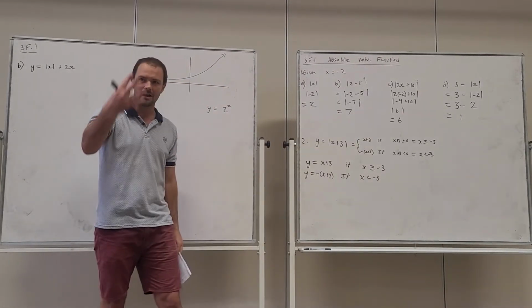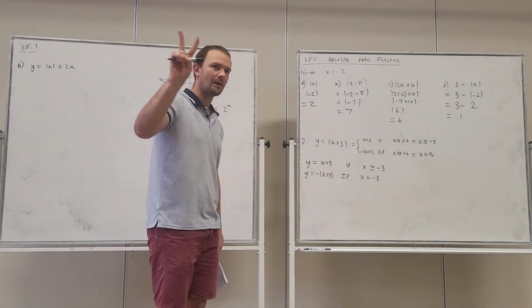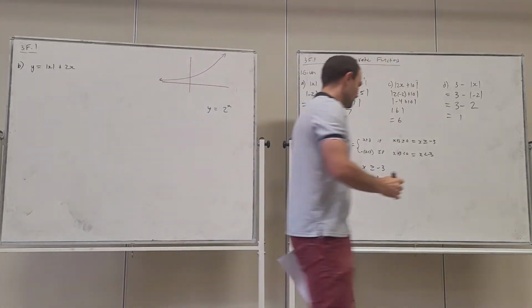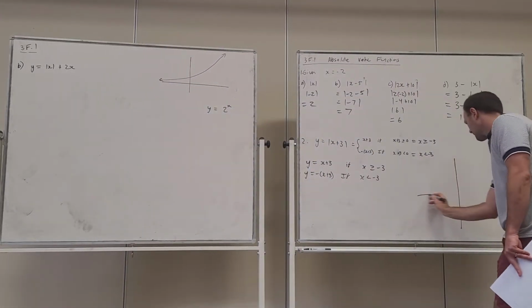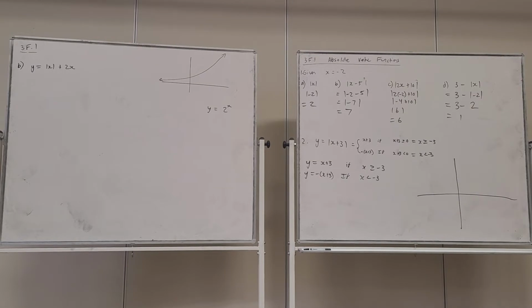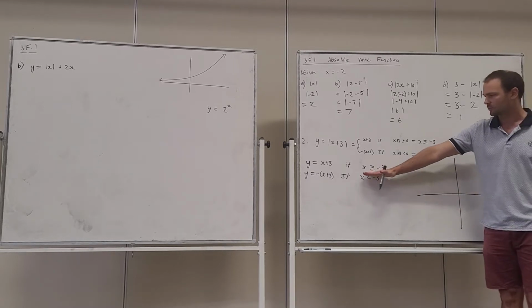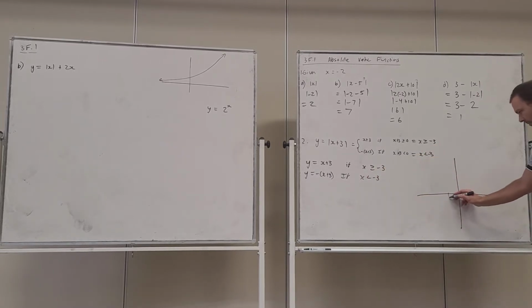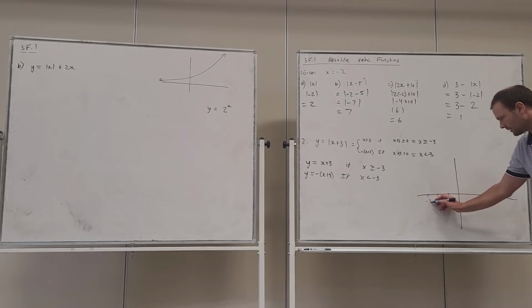So when we're going to graph this function, really we've got two graphs that we need to consider. So let's go to the Cartesian plane. And we can use our calculator here to support us as well. Again, in a moment, I'll show you the absolute value button on the calculator. Firstly, we've got when x is greater than minus 3. So I'm going to draw up a Cartesian plane. Here's minus 3.